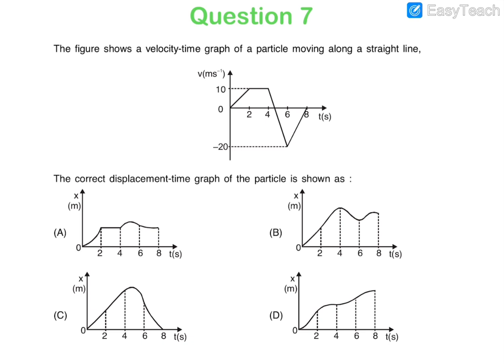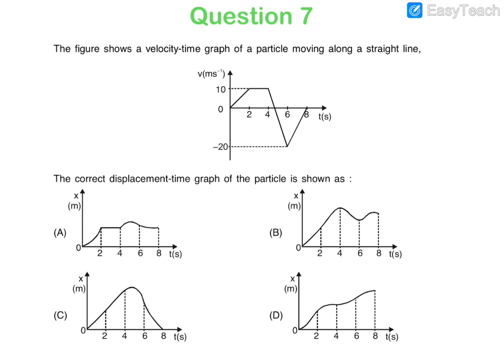velocity is constant, and displacement time graph would be a straight line because velocity is constant, and this velocity is positive constant, so displacement time graph would be a straight line going up.